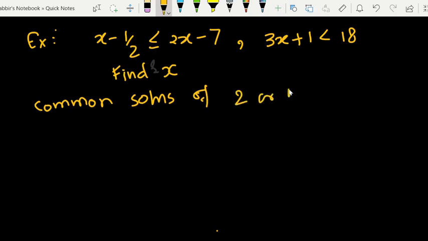We call this concept "and" of two inequalities, guys.